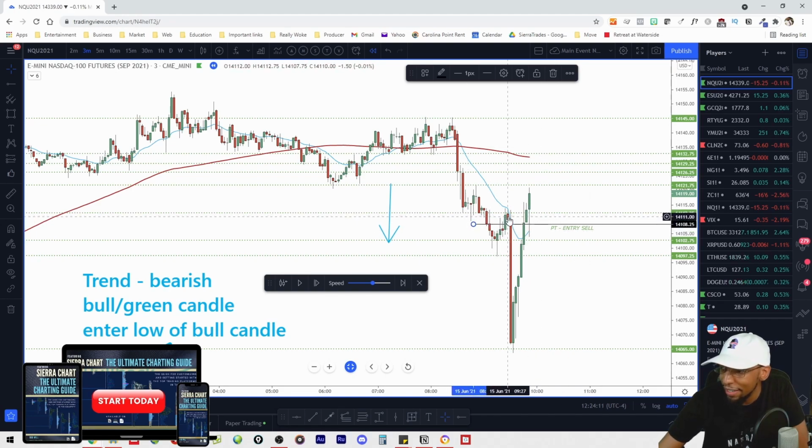Now there are some other things you can look into, and I highly advise doing a lot of studying on this to understand when it's best to take this kind of trade and when it's not. But when you're starting out with this, you want to take as many as you possibly can, sticking to these rules right here. All right, so that's that one. Let's go ahead and keep stepping this forward to see what else we can get.